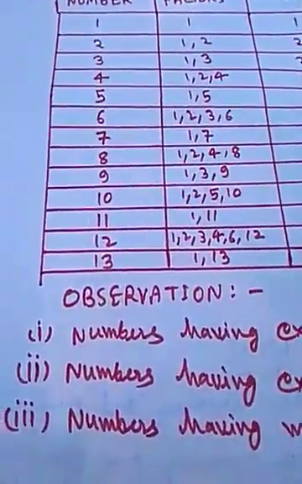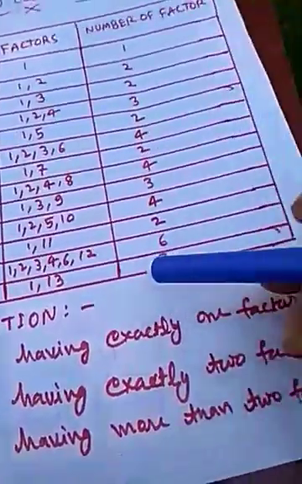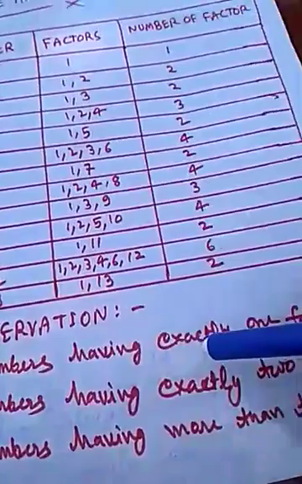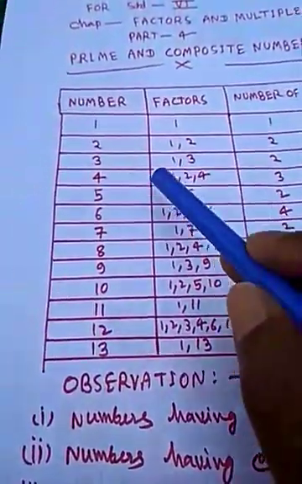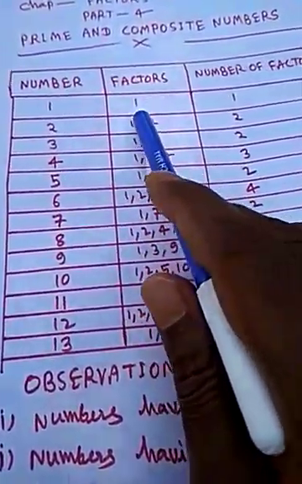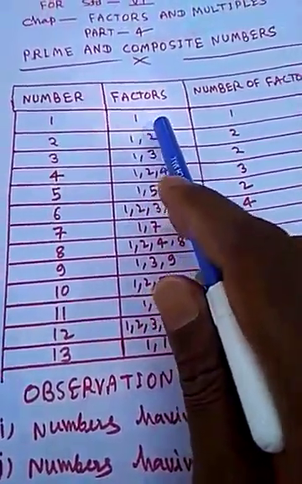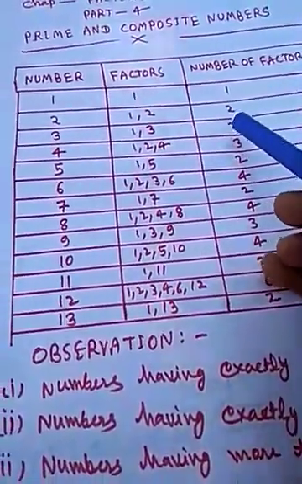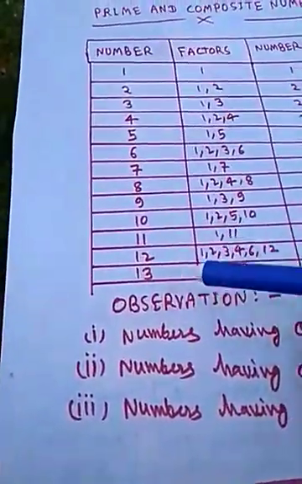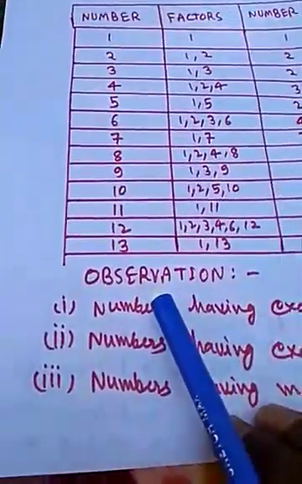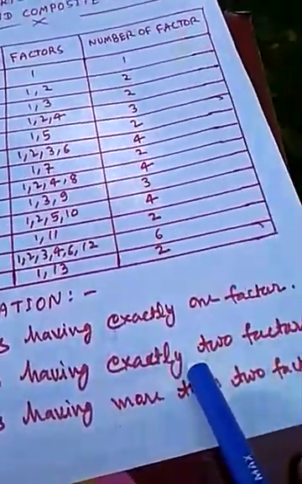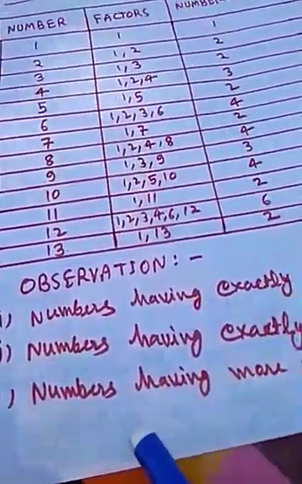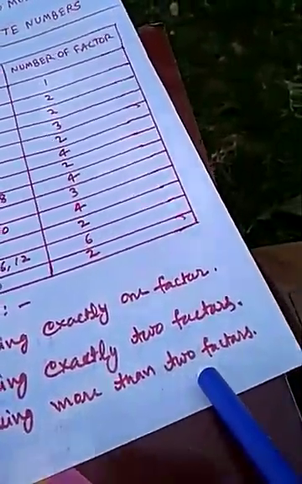Here the first observation is numbers having exactly one factor, just like 1 has factor 1 only, the number of factors is 1. The second observation is numbers having exactly 2 factors, like 2, and the third observation is numbers having more than 2 factors.